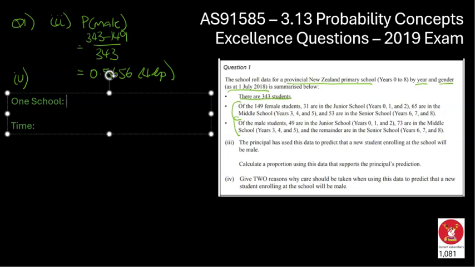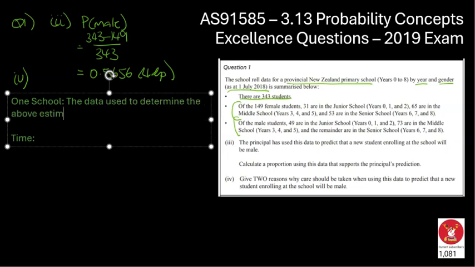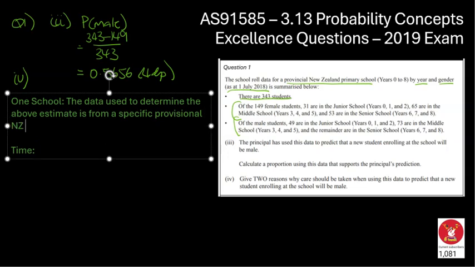And what's going to be really important is, as I do this discussion, I want to explain why using it might be wrong. So I want to give an example based on the context of the question. So I guess the starting point was, the data used to determine the above estimate is from a specific provincial NZ primary school.